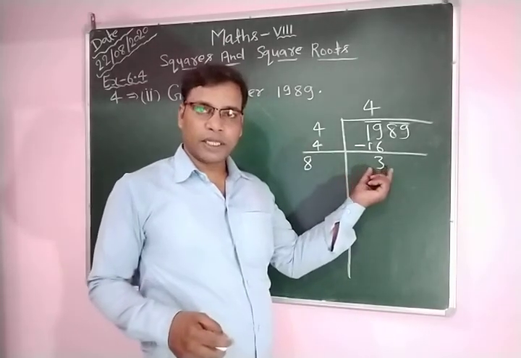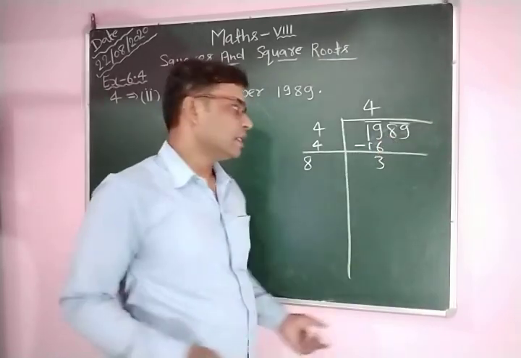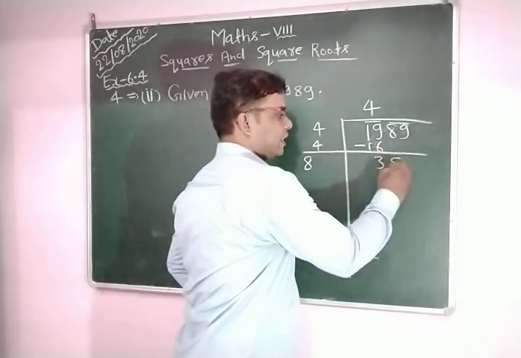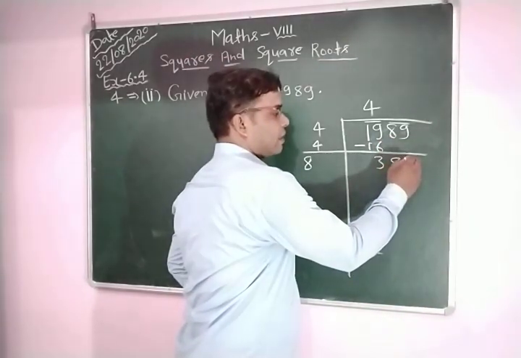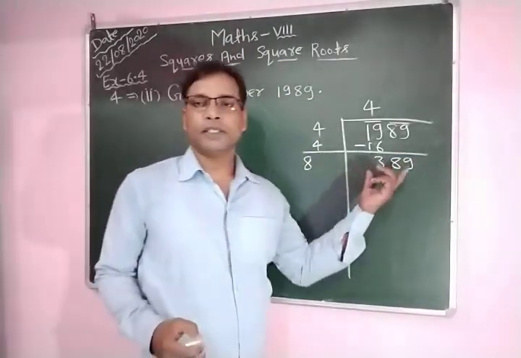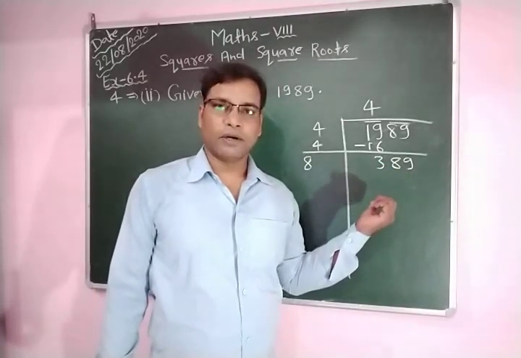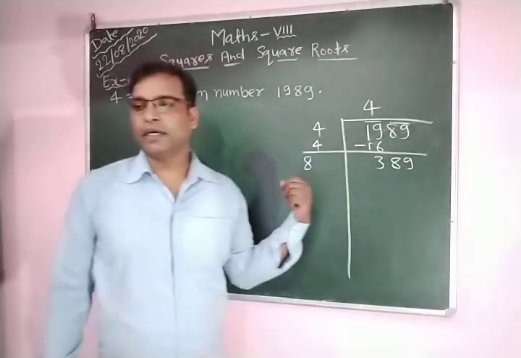The remainder is 3, then we bring down the next pair, which is 89. So if we write 89 next to the 3, we obtain the new dividend 389. Okay, now again we select a number.